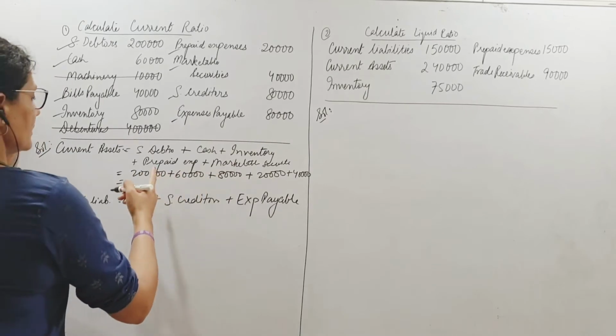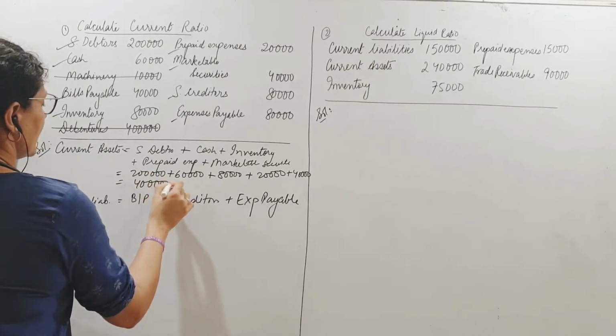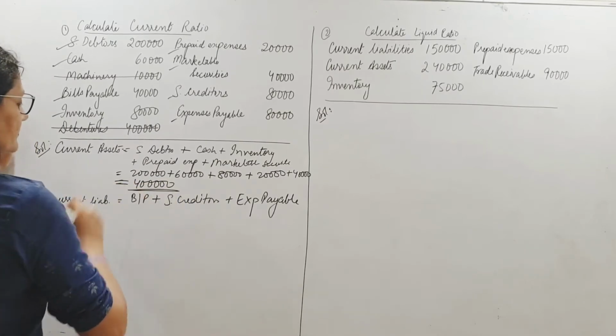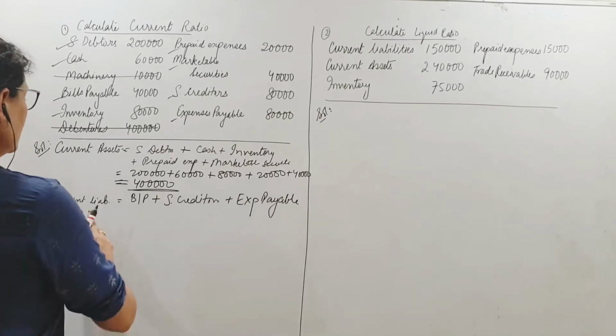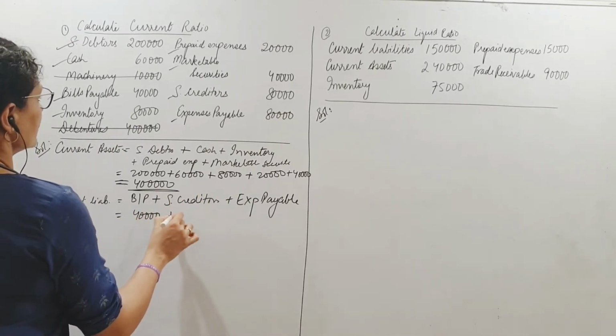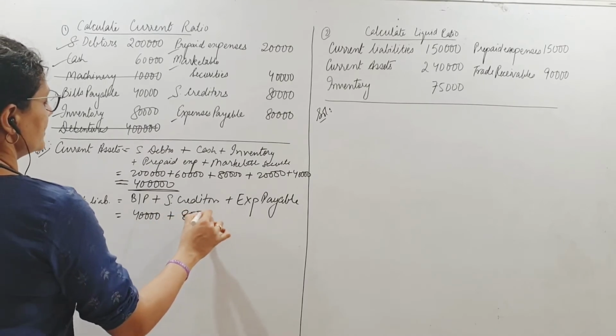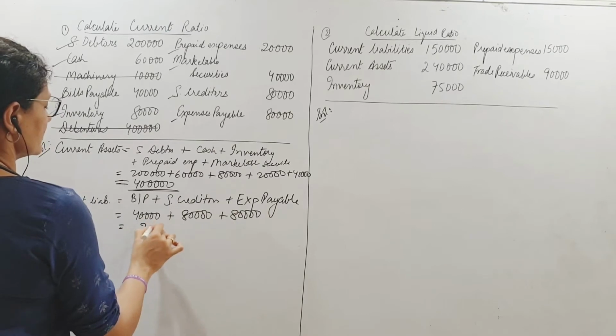Okay, 4 lakhs. So that is 4 lakhs of current assets. Fine. So I've got my numerator of my current ratio. Let us add this. Bills payable 40, creditors 80, expense payable 80. So that is 2 lakhs.